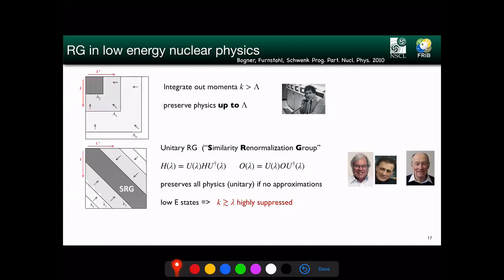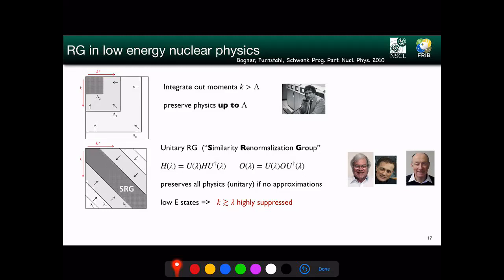More powerful for our work is something called similarity renormalization group, which you can kind of view as a unitary version of RG ideas. And the cartoon here is that under SRG transformations, you're driving a Hamiltonian progressively more and more towards the diagonal. So this parameter lambda kind of parameterizes how clustered to the diagonal you are.